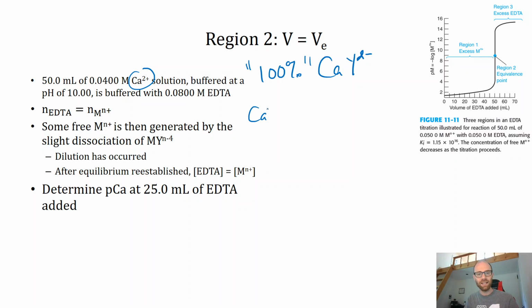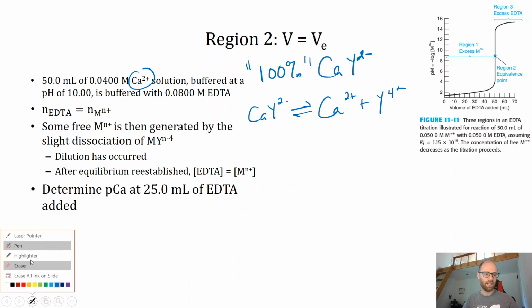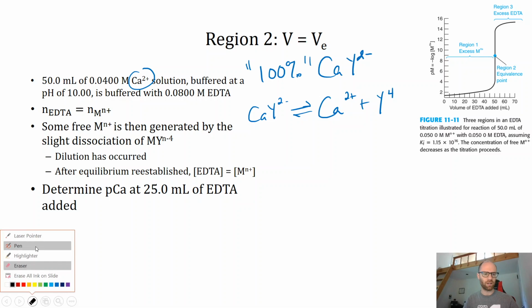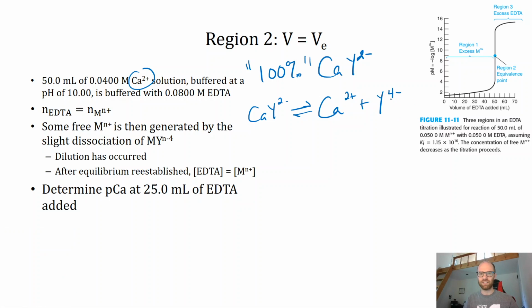Keep in mind that that equilibrium reaction looks like this. But then you also have to keep in mind a lot of things, right? So this is the equilibrium that we're going to look at. But this isn't actually the equilibrium we're going to use to solve anything, because this equilibrium would then be prone to several equilibria with several forms of EDTA, and there'd be all sorts of hectic mess going on.